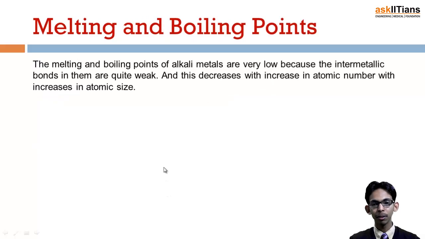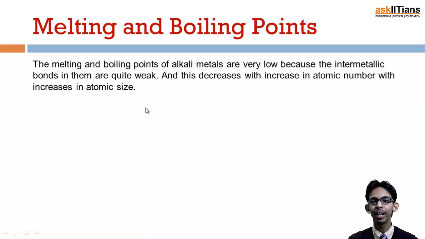Next is melting and boiling points. We know the alkali metals are soft because of their large size. They are so soft that some of them can be cut by a knife. So the melting and boiling points of alkali metals are very low because the intermetallic bonds formed are quite weak.